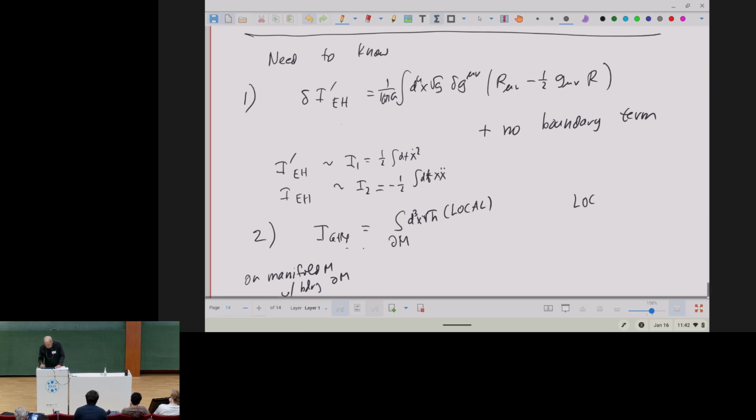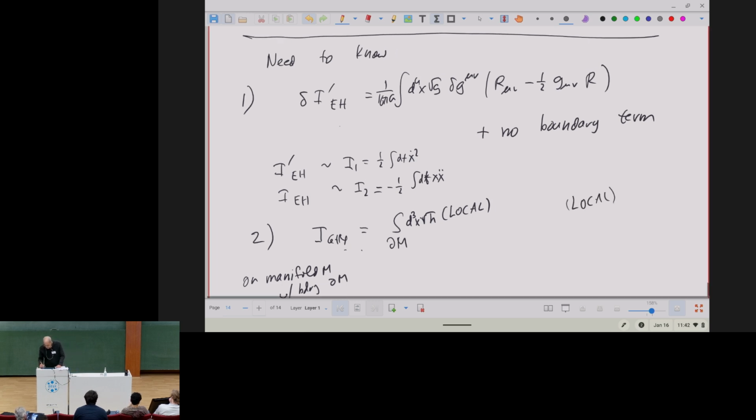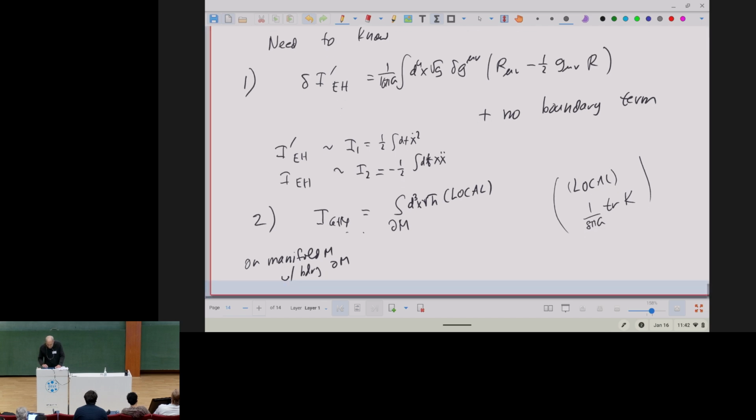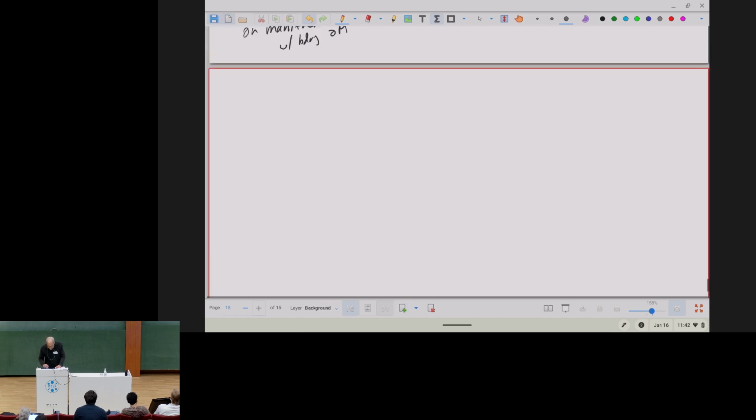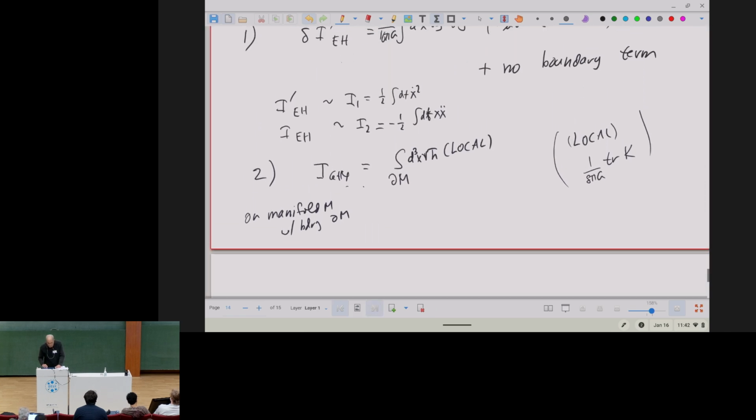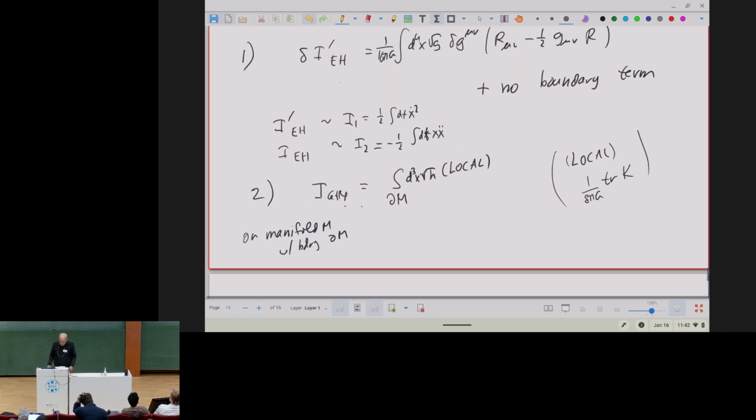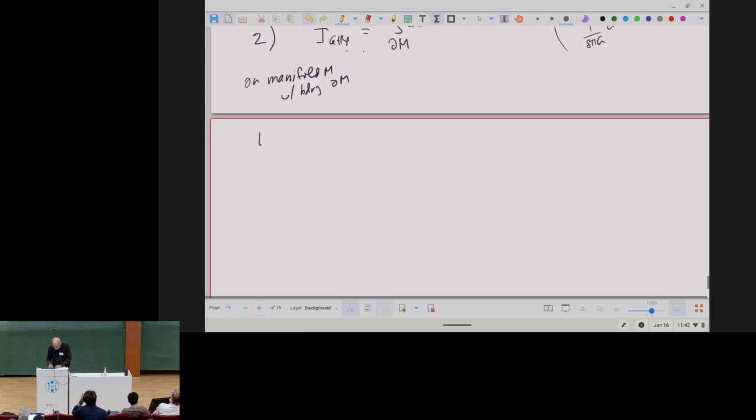The local thing is, in fact, up to a constant, the trace of what's called the second fundamental form, or extrinsic curvature, times something like 1 over 8 pi G. Okay. Exactly what it is, though, we won't need to know. We only need to know these two facts. Now, we want to compute the entropy, which is minus 1 minus beta d by d beta of the action.